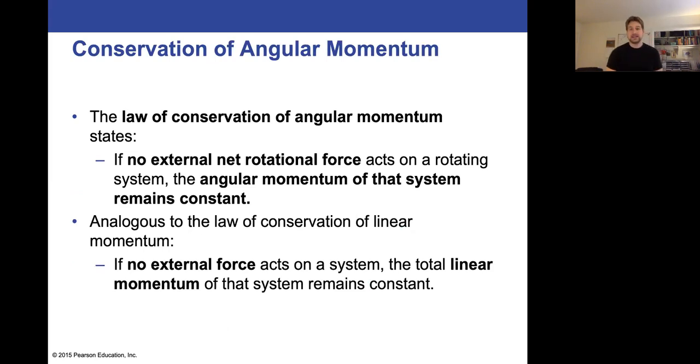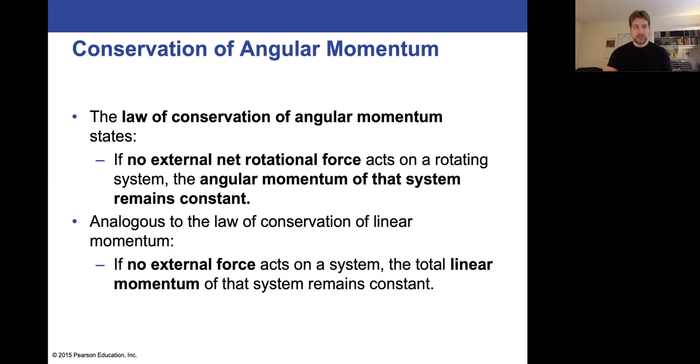If no net external rotational force, that's a mouthful, acts on a rotating system, then the angular momentum of that system should be constant. We're saying Newton's first law, but for rotation.